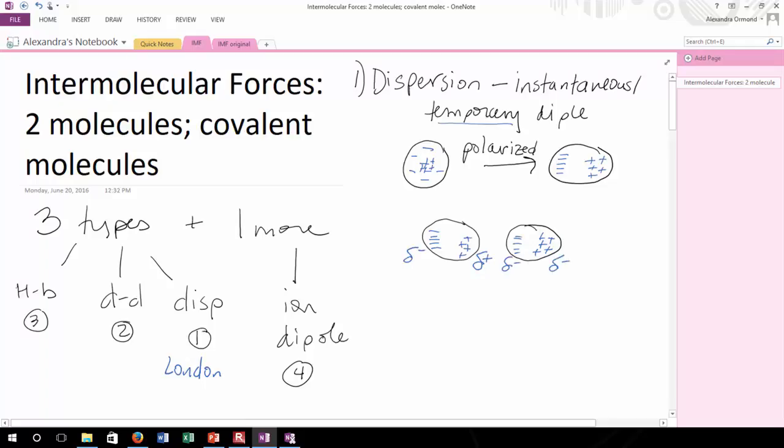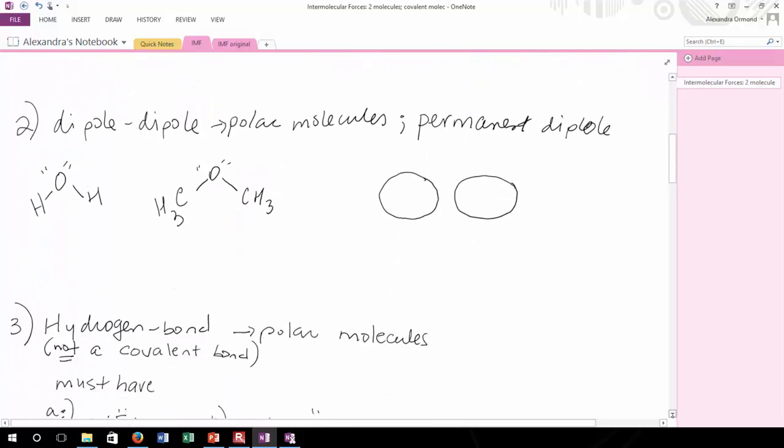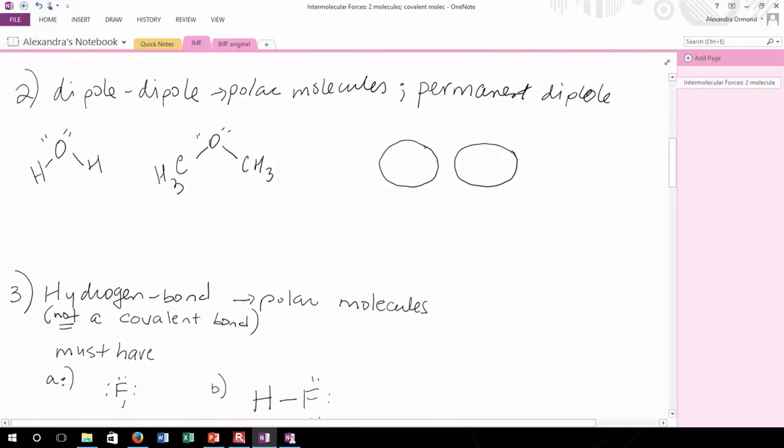That partially positive end will get closer to the partially negative end of another molecule, and that is your dispersion force. The second IMF we're going to look at is dipole-dipole.